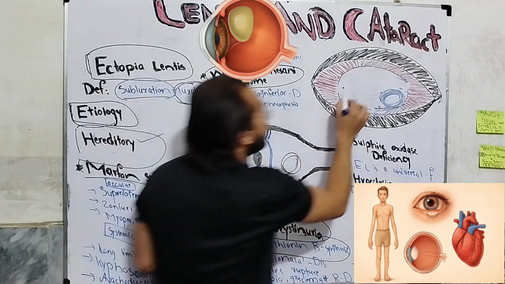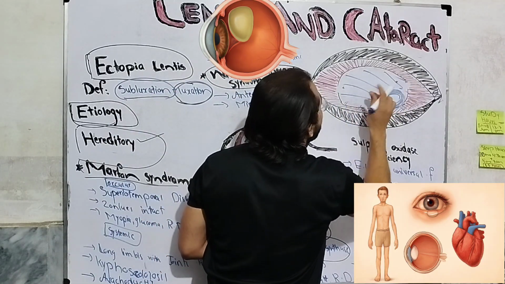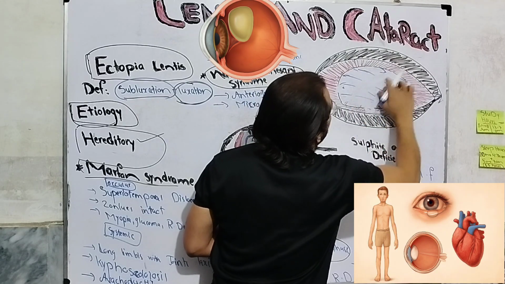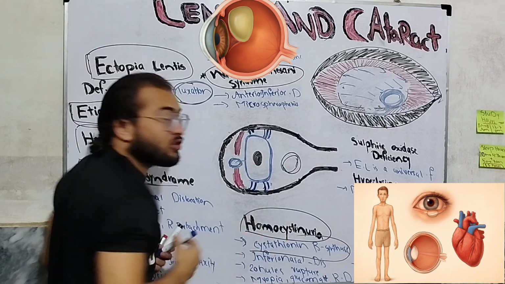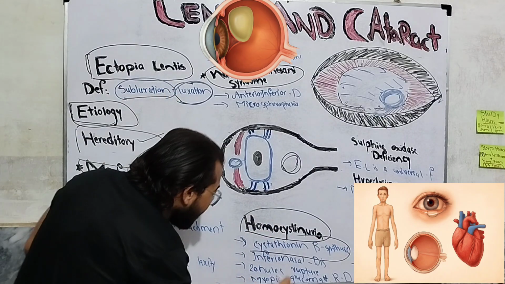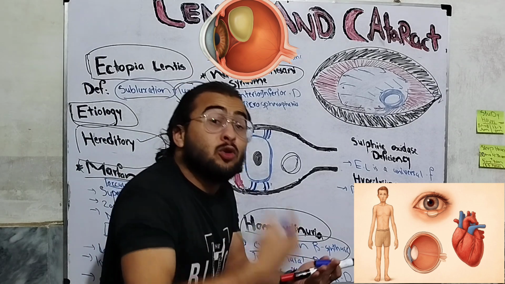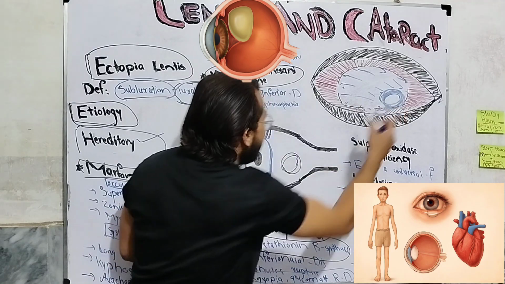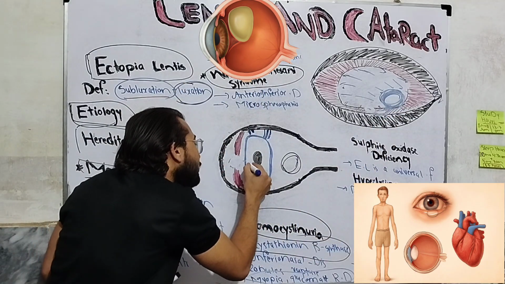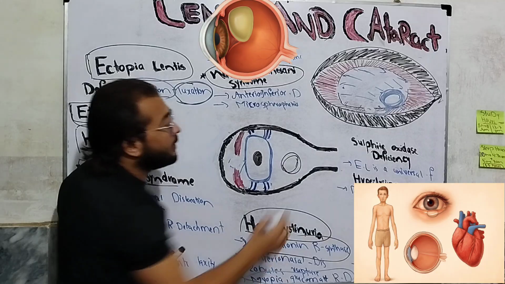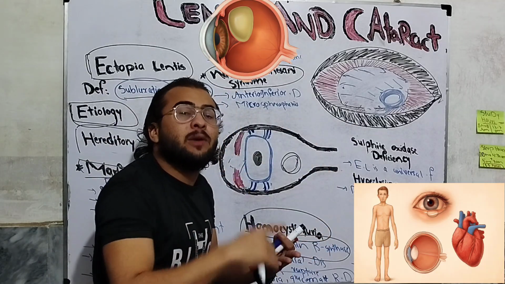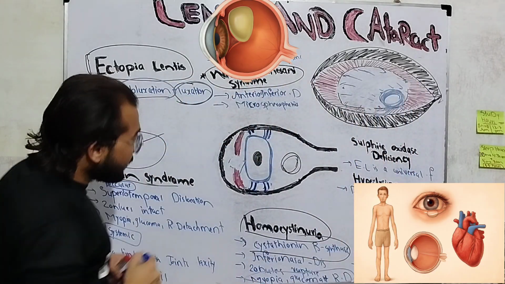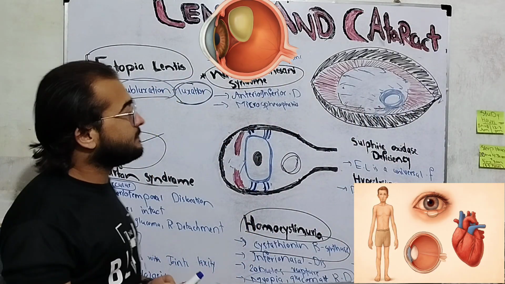And remember, the zonular fibers in this case will rupture. Other ocular features like myopia, glaucoma, and retinal detachment are similar to Marfan syndrome. So we have inferior nasal dislocation, myopia, glaucoma, retinal detachment, and ruptured zonules. These are the ocular features of homocystinuria.